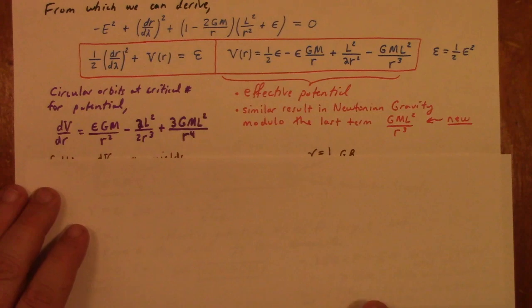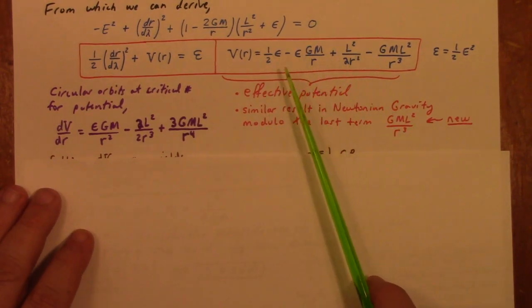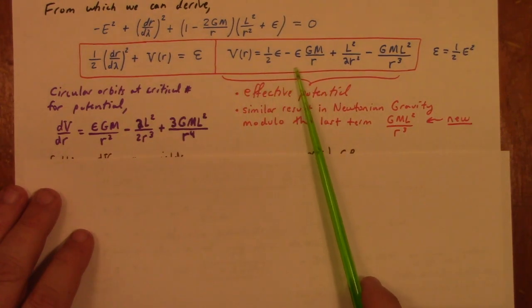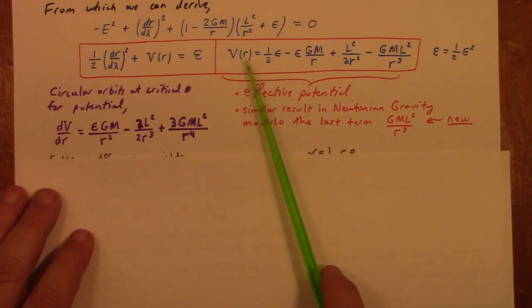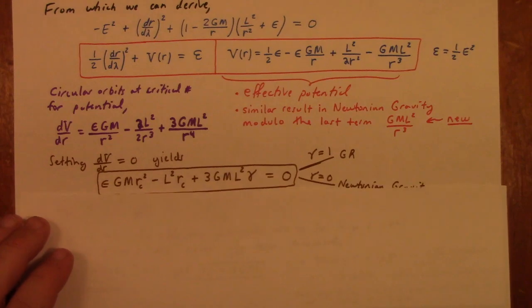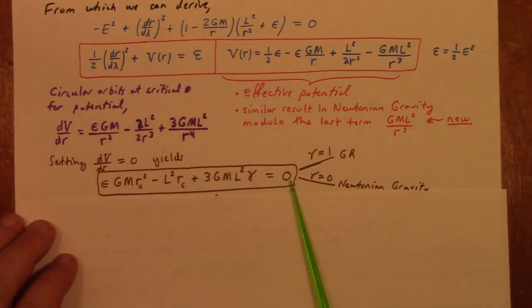And so then you can start asking questions like, okay, wait a minute, what's a circular orbit? We kind of expect circular orbits to happen at critical numbers for the potential. So if you look for those, differentiate this, set it equal to 0, you get this equation here.